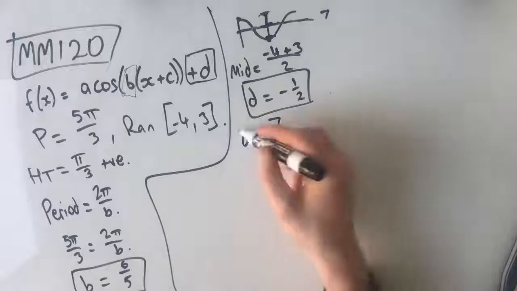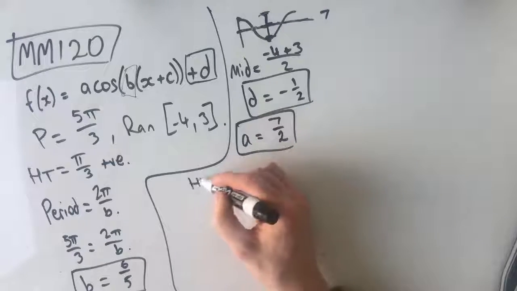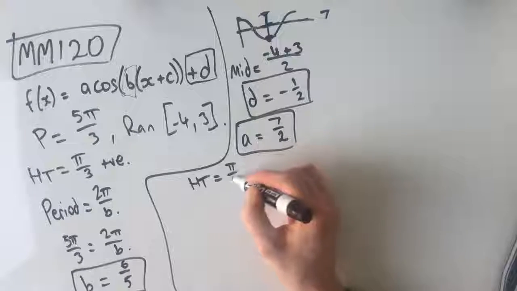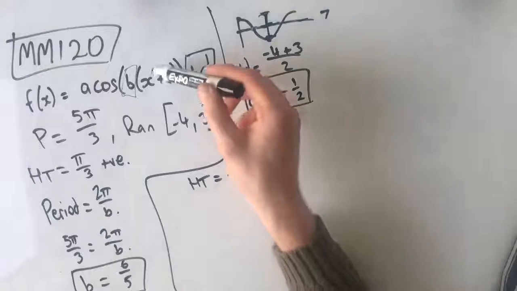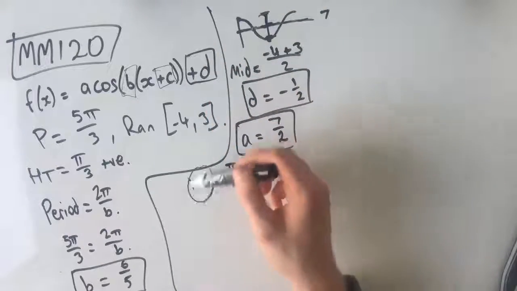So we also need to look at our horizontal translation, which is pi on 3 in the positive x direction, which means that our c value is our horizontal translation.